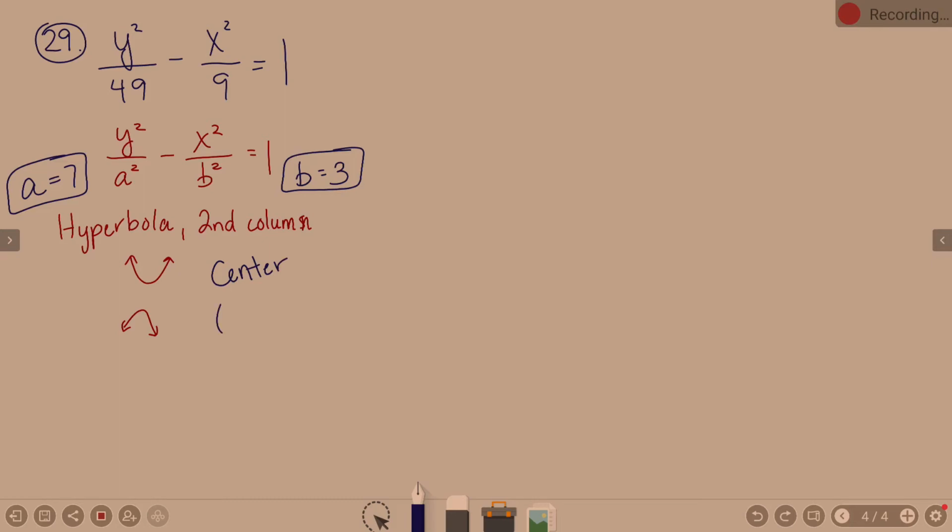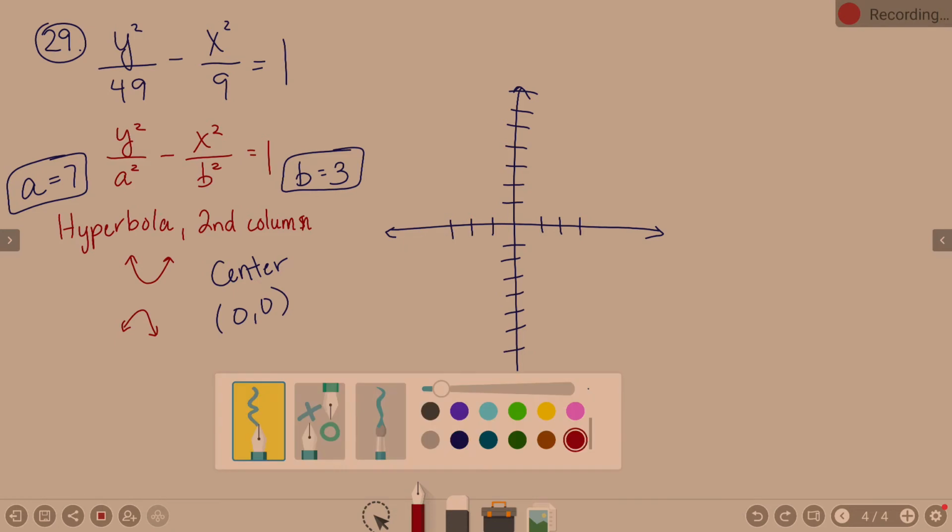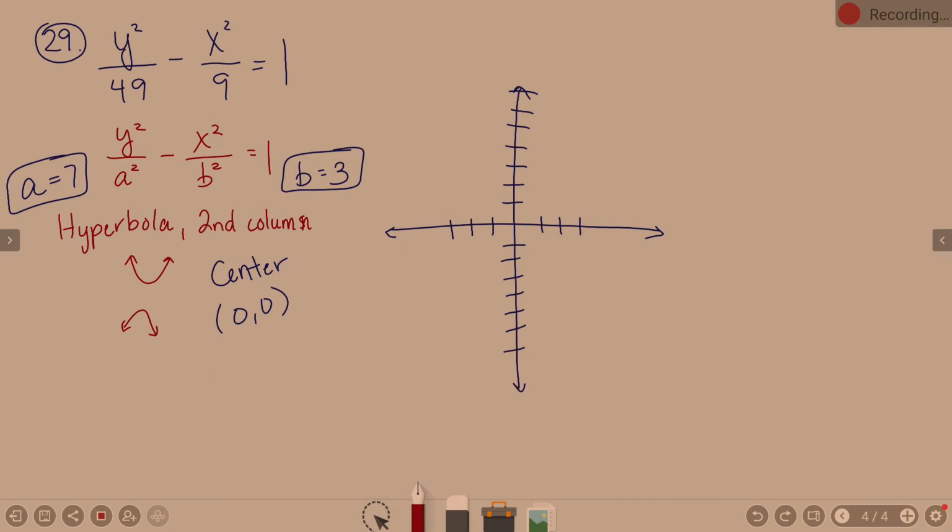Since there's no x or y plus or minus, this is just centered at 0, 0. Okay, helpful to know here, I think. So as I sketch this graph here, you obviously have a graph already set up there.